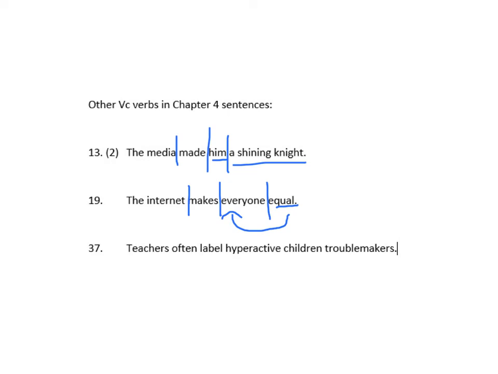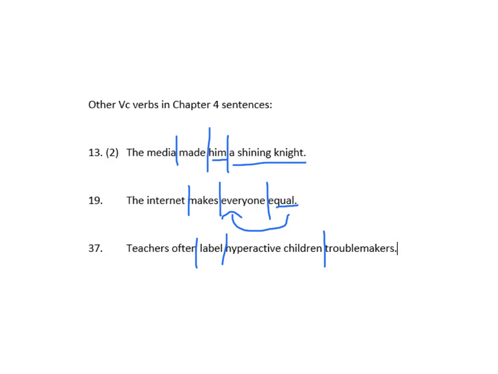And then finally, this last sentence, another short verb, it's present tense, and then it will be a VC, but how do we know that? Well, we look afterwards. After the verb, we have hyperactive children, which is a noun phrase, an adjective and a noun, and then troublemakers is another noun phrase slot that we have to determine what it is.